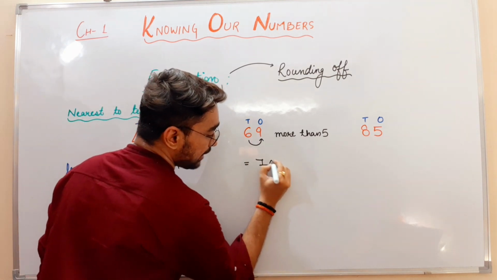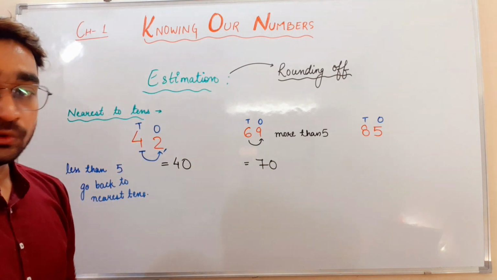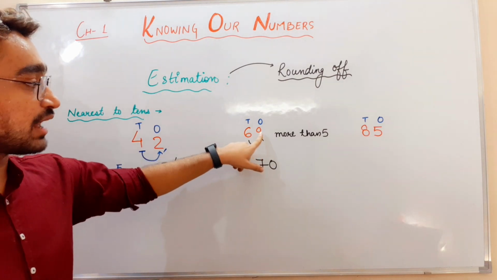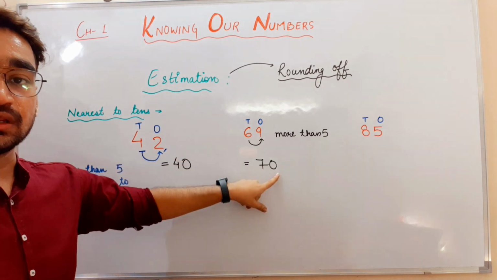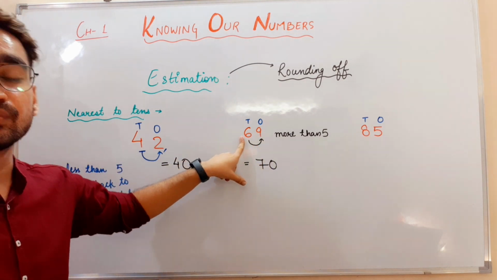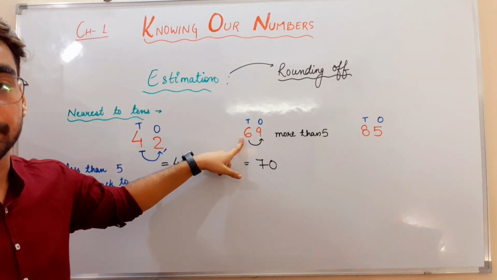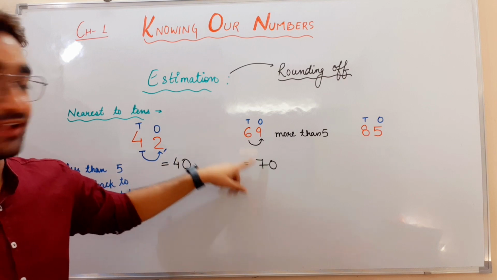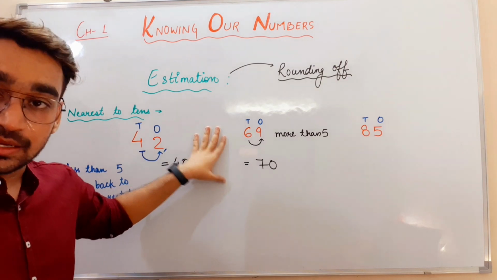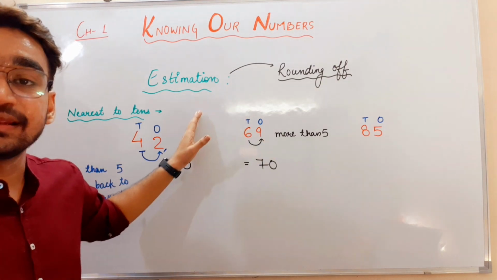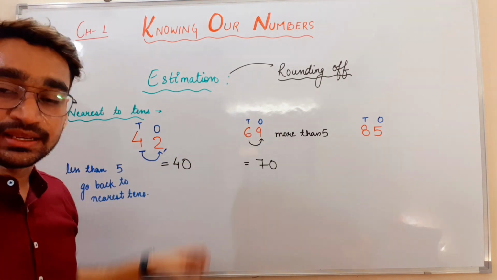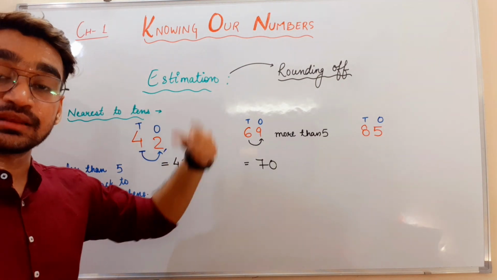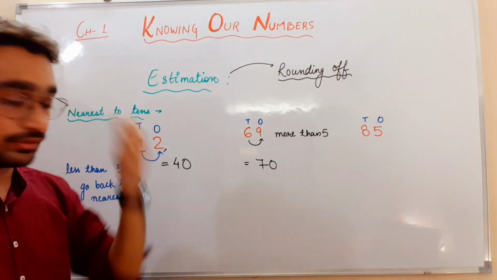Or I can say that what I need to do is put a 0 on the ones place. If the last number is more than 5, put 0 on the ones place and add 1 to the tens digit. If I am asking 89, it will become 90. If I am asking 88, it will become 90. If I am asking 27, the nearest to that is 30, right?